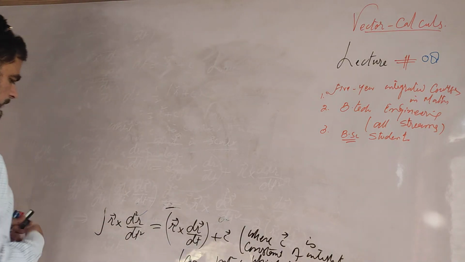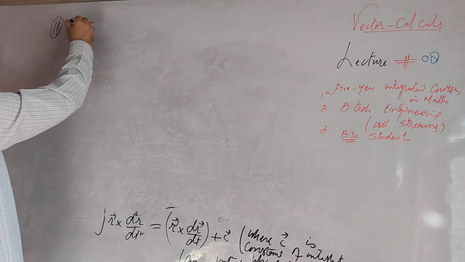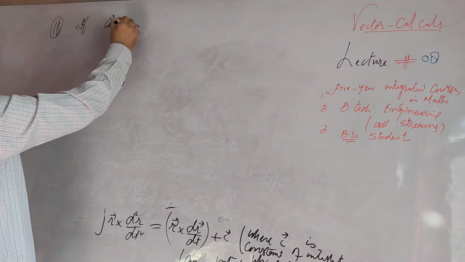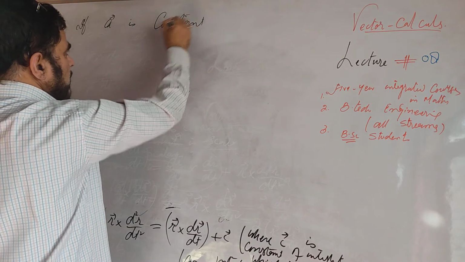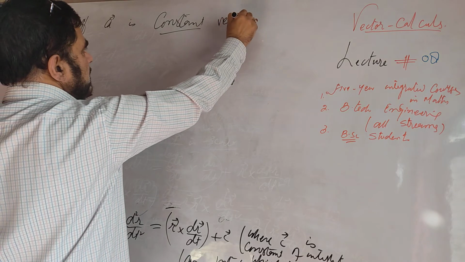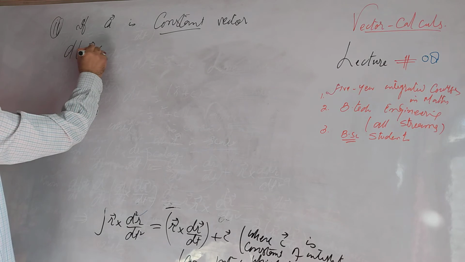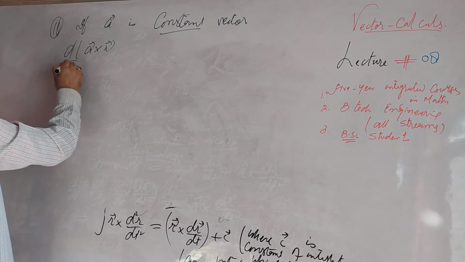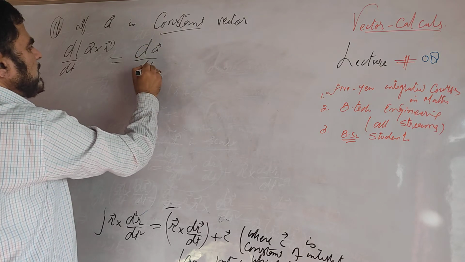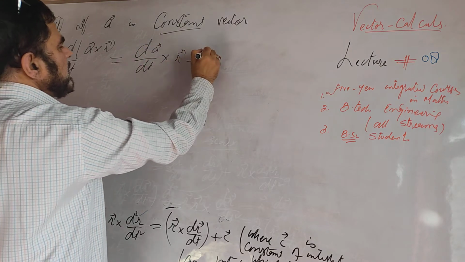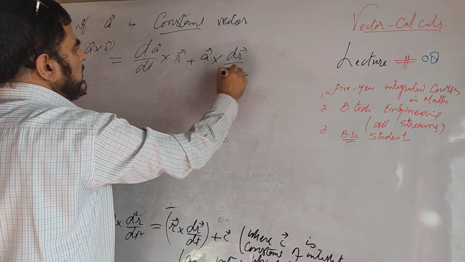Suppose A is a constant vector. What is the derivative of A cross R, where R is a vector, with respect to t? You write as usual: dA by dt cross R plus A cross dr by dt.